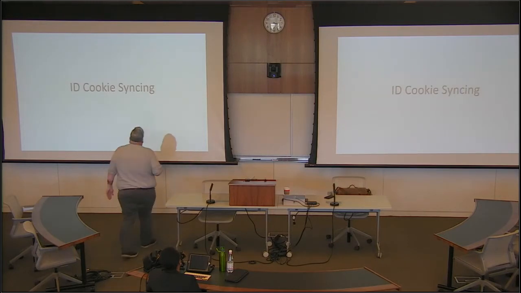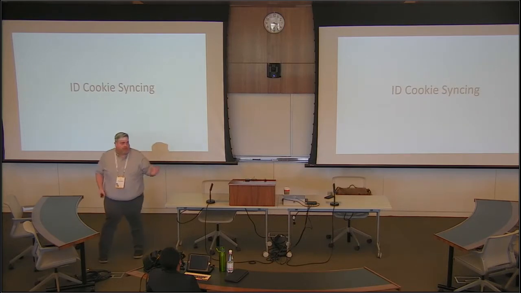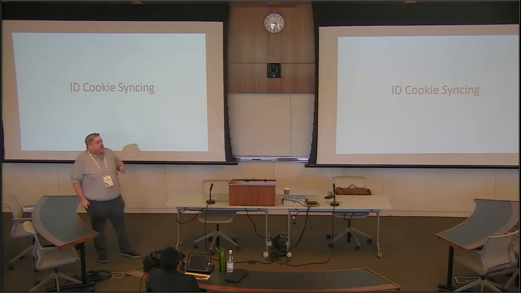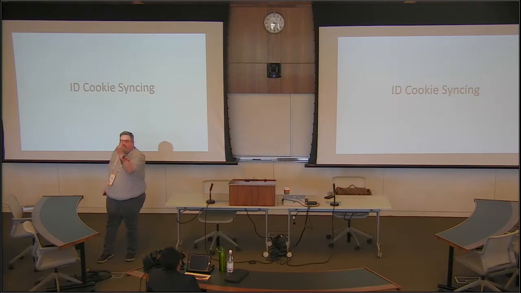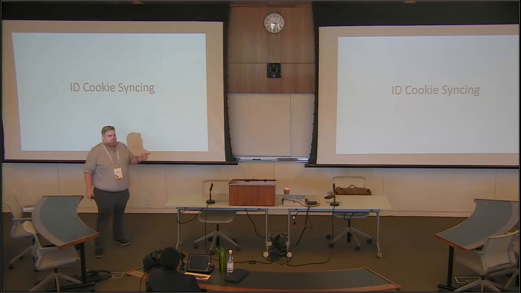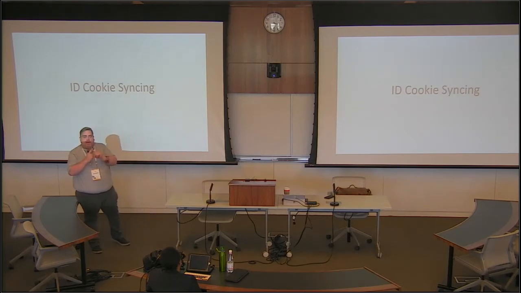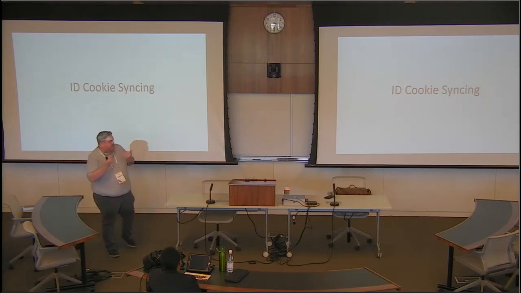So there's something else that happens that's called cookie syncing, which is that one domain sets a cookie, and then it tells another domain, hey, this is the ID that I'm using for this cookie, you should use this ID too, and that way they can compare behind the scenes. So they're both tracking you separately, but they can have servers that are then taking this and syncing them together.